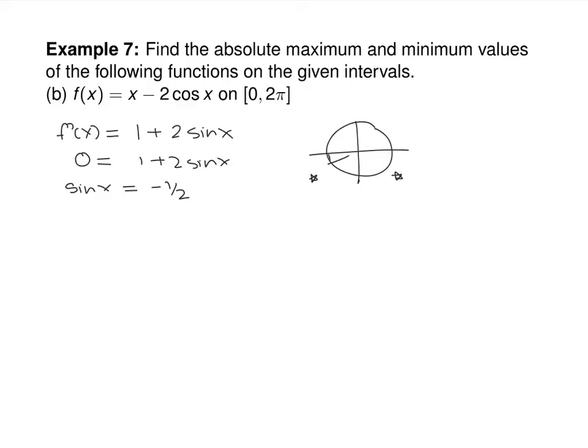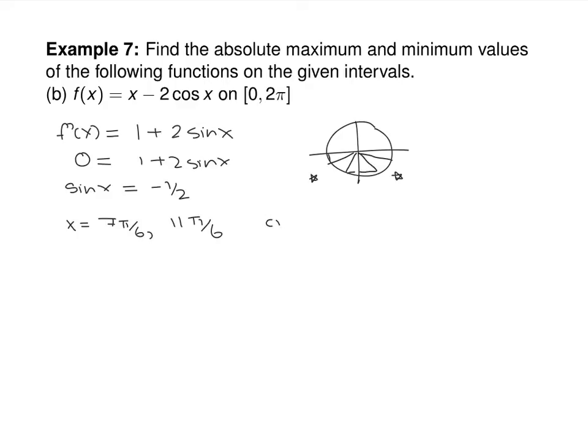Is it 7 pi 6 and 11 pi 6, or is it 4 pi thirds and 5 pi thirds? The first ones I said, yeah, x equals 7 pi 6, you can see it's a sixth past, and x equals 11 pi 6. Okay, good.